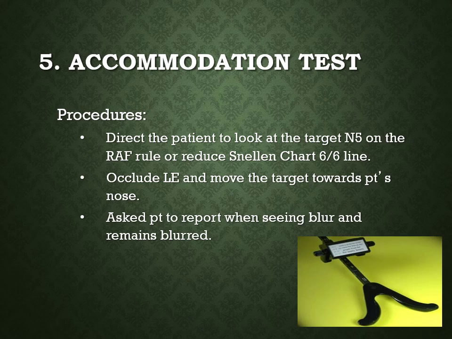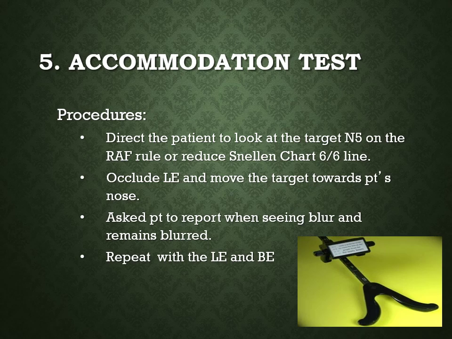Measure the distance from the chart to the patient's spectacle plane in centimeters. Then the linear measurement is referred to as the near point of accommodation, which is NPA. Convert the linear distance into diopters by dividing 100 by the near point of accommodation in centimeters. The resulting dioptric value represents the patient's amplitude of accommodation.